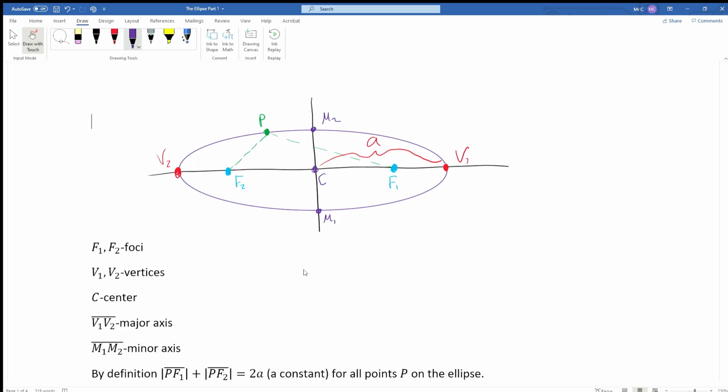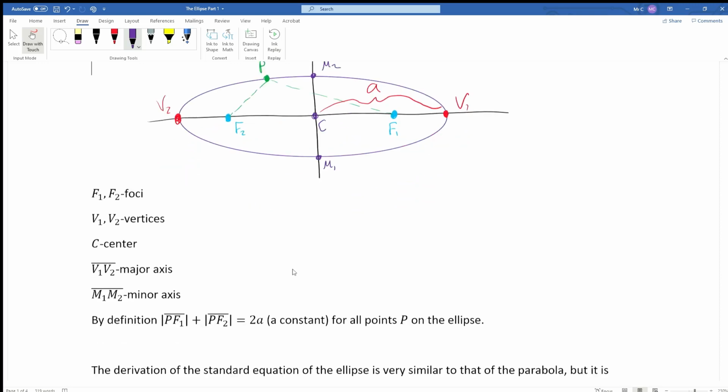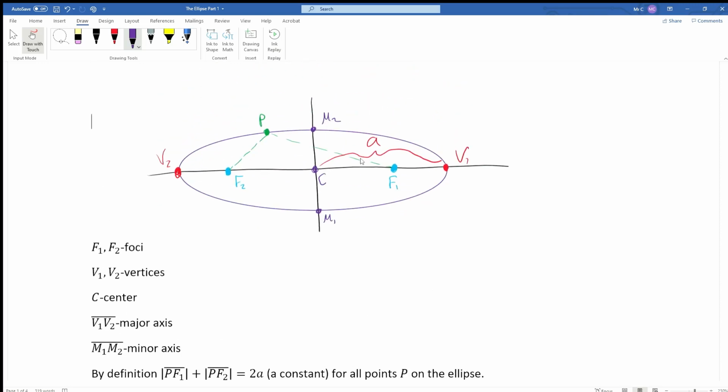Okay, so I do want to take a look at this real quick so that we can see why that would be. So this distance a here is the distance from the center out to V1. So this property of the ellipse, that the sum of distances is always the same, of course applies on the major axis as well.